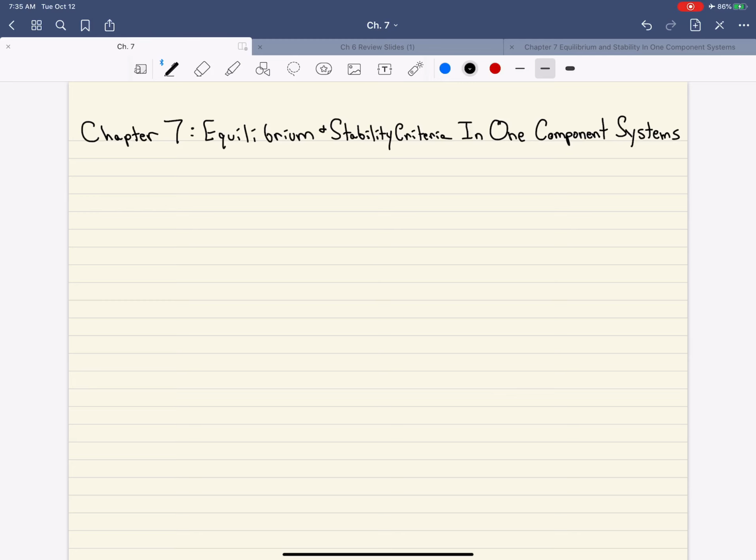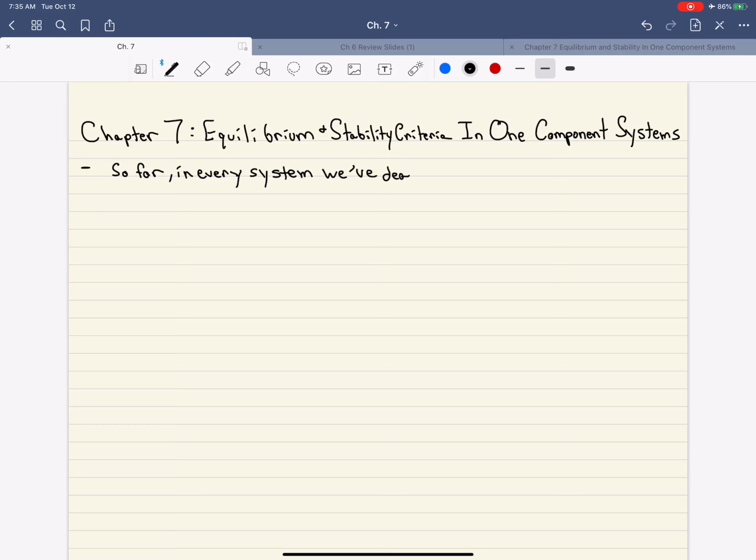We're now moving on to Chapter 7, which deals with equilibrium and stability criterion in one-component systems. And so far, not only in this course, but in MEB2, every sort of system that we dealt with, we would always have to find lots of different pieces of information.